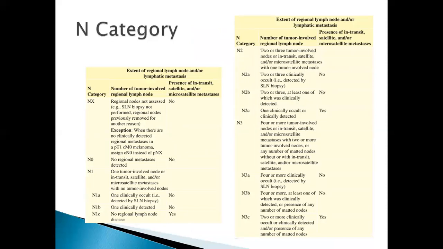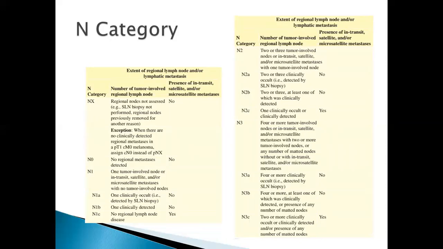The N category is based on the number of lymph nodes that are positive and whether these were clinically negative and microscopically positive, or clinically and pathologically positive. Now, lymph nodes that are negative by clinical examination and imaging, if done, but are determined to be positive microscopically, are defined as clinically occult.